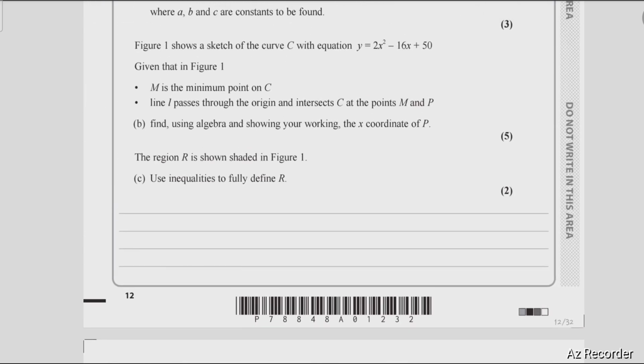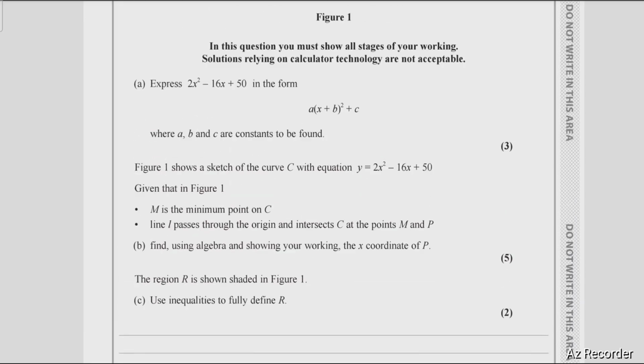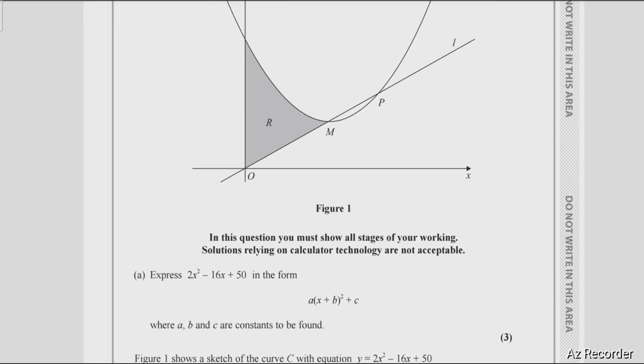Next question. B. Figure 1 shows a sketch of the curve C with equation y equals 2x squared minus 16x plus 50. Given that in figure 1, M is the minimum point on C, the line L passes through the origin and intersects C at the points M and P. Find, using algebra and showing your working, the x coordinate of P. So that's the minimum.